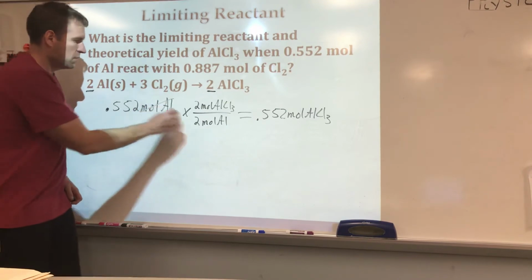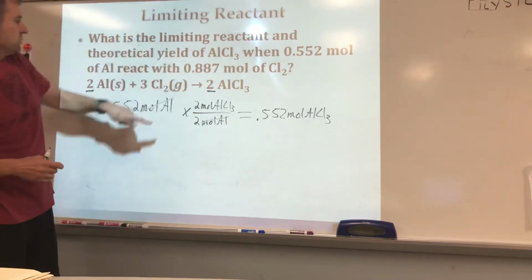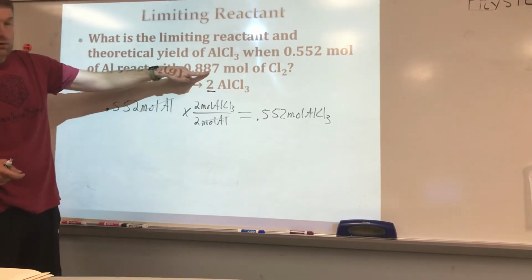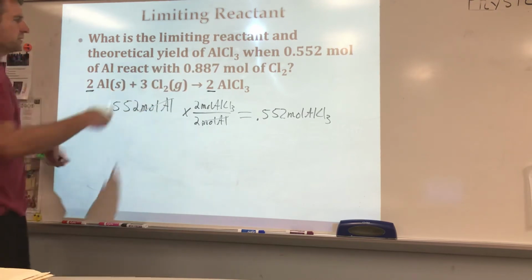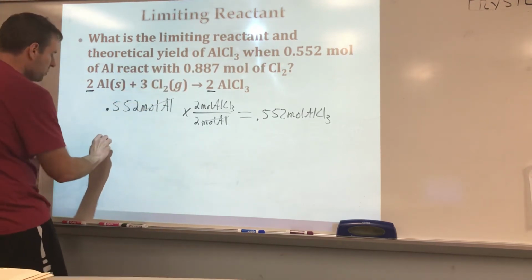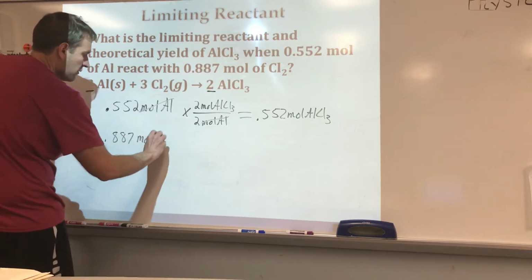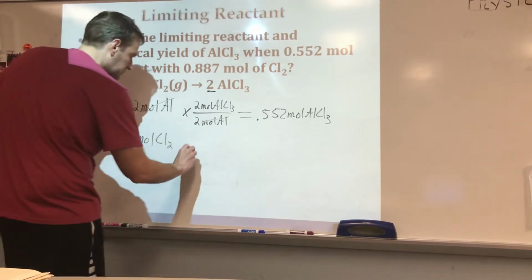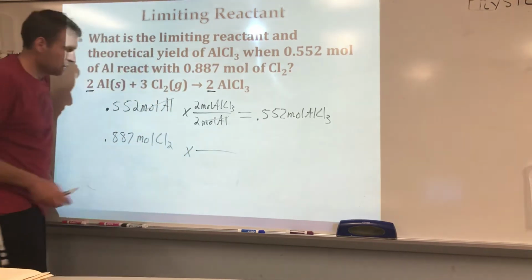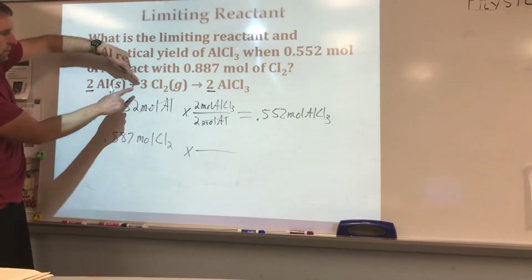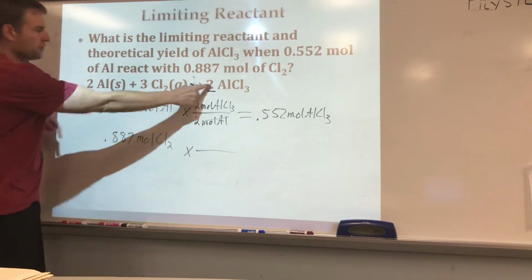But let's see how much aluminum chloride can be made if I have this much chlorine, because that's the other reactant. It's not 2 to 2. So 0.887 moles of chlorine. Well, the ratio here is 3 to 2.